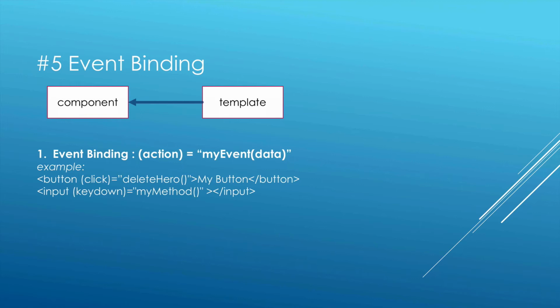As the example shows, in the parentheses you put the action, and then you capture that event with some supporting data. There are many actions that are supported by Angular. Here are two examples. One is click, and another one is keydown. Of course, you can also do keyup, mouseover, hover, etc.